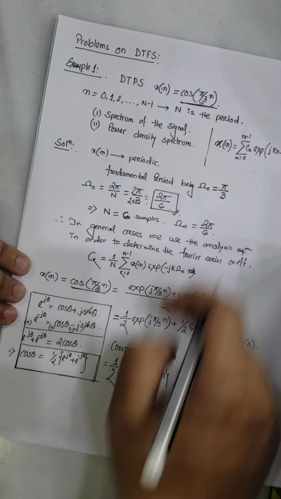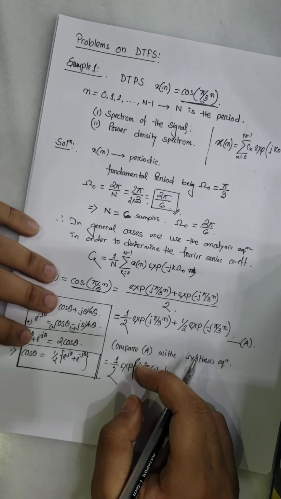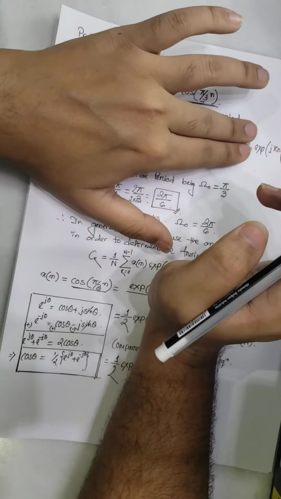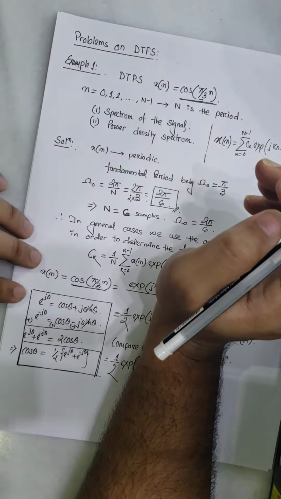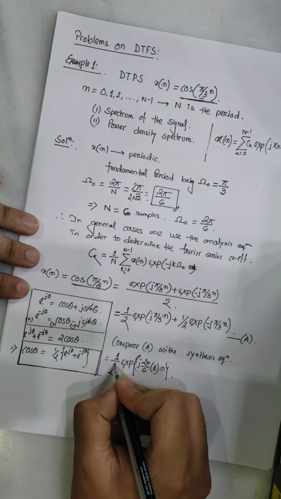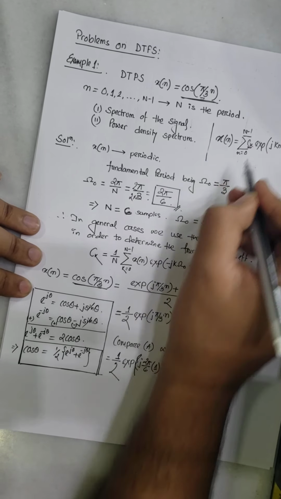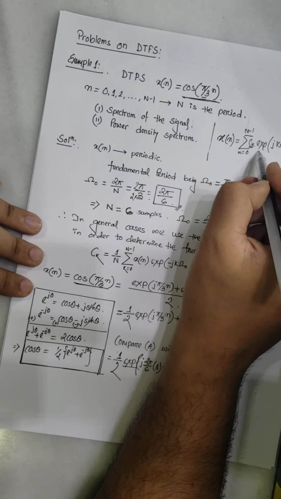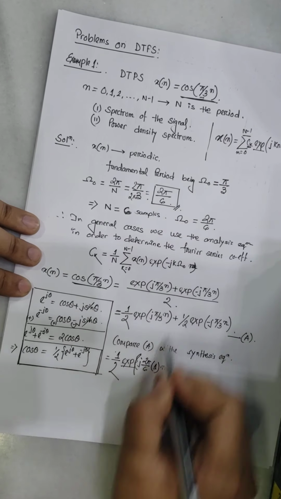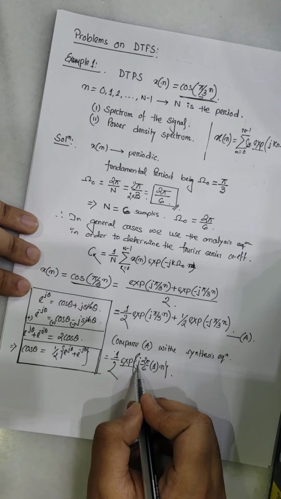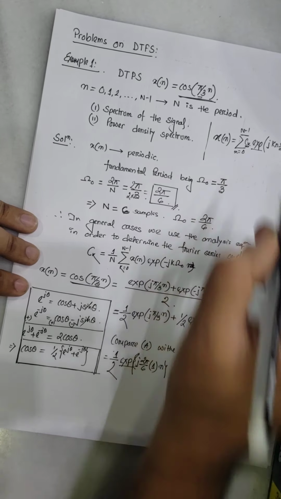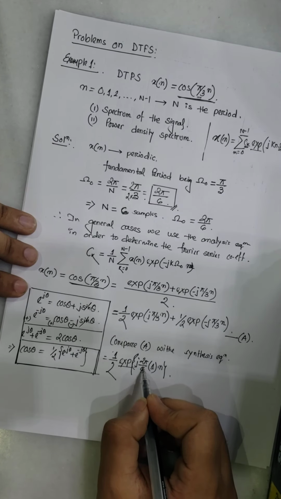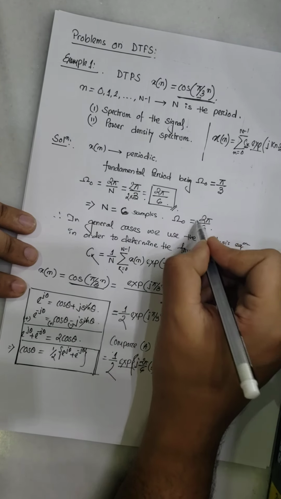Comparing these two equations, let us disregard the summation sign for this time. We get c of k to be equal to 1 by 2. The e to the power and j remain the same. Omega naught becomes twice pi over 6.